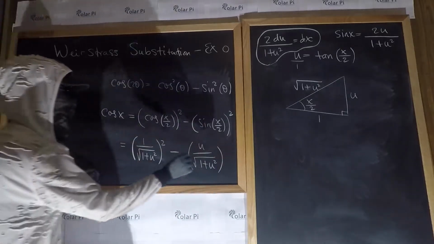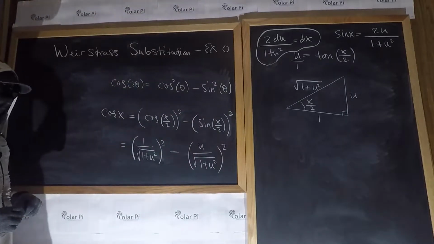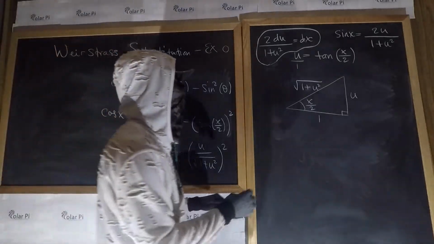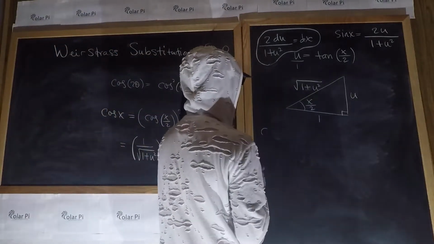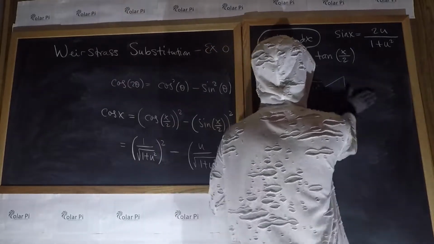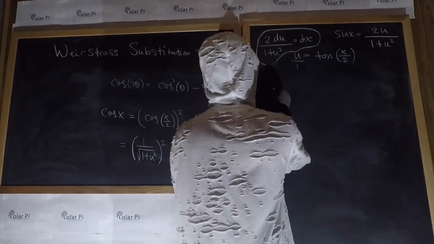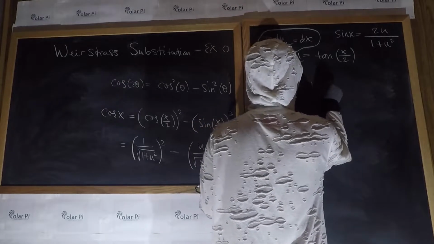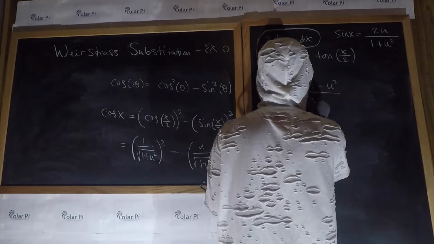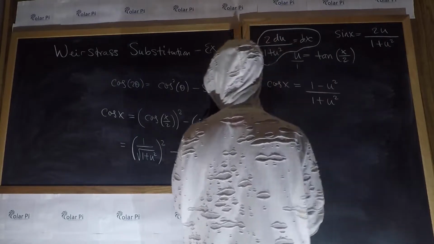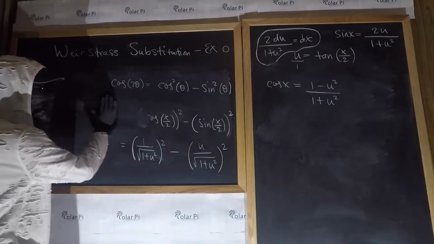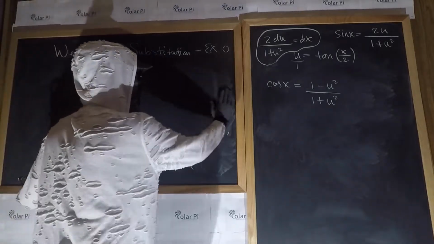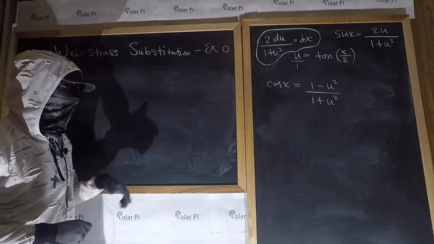If you square this and square that and take the difference, what you'll find is that cosine x is equal to 1 minus u squared divided by 1 plus u squared. Alright, cool.